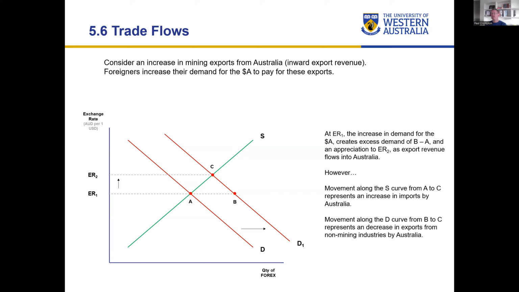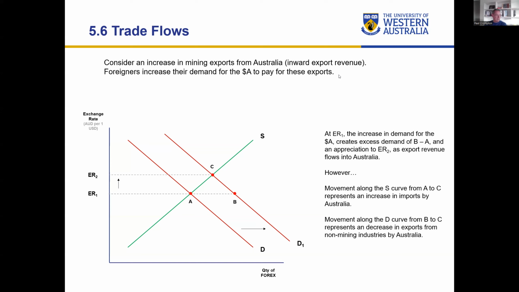And to me, that'll be the only important part of the idea of increased mining exports, the increased export revenue coming into Australia. So foreigners, to buy this iron ore, have to increase their demand for the Australian dollar to pay for those exports.